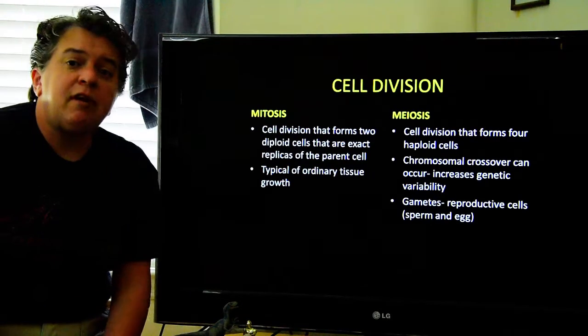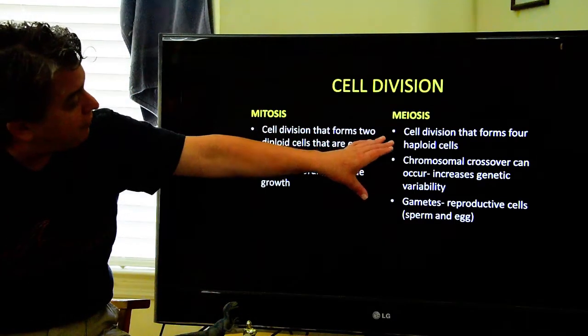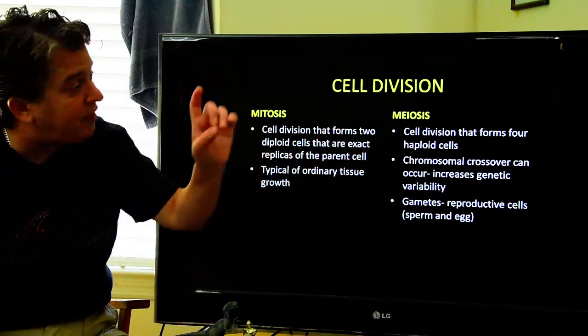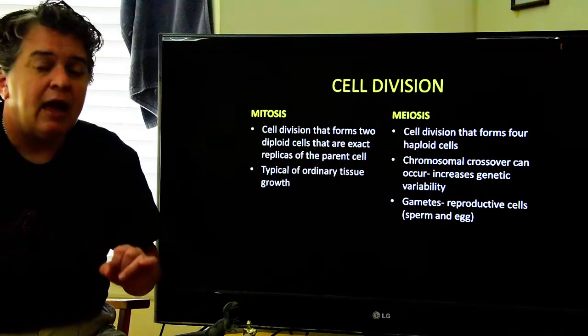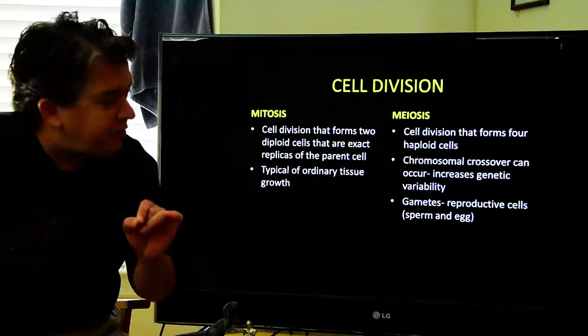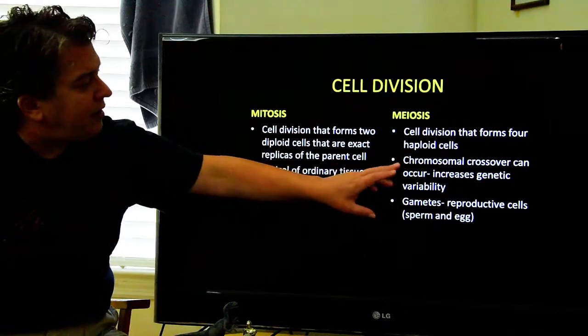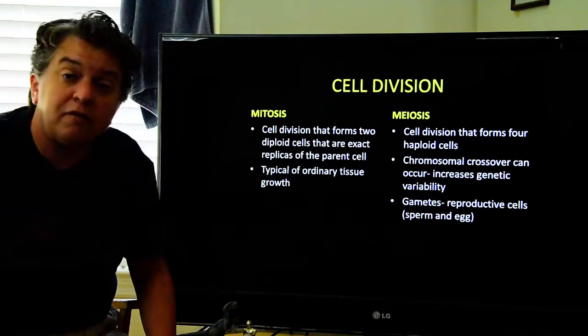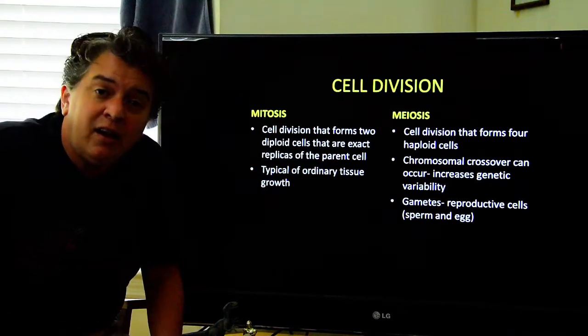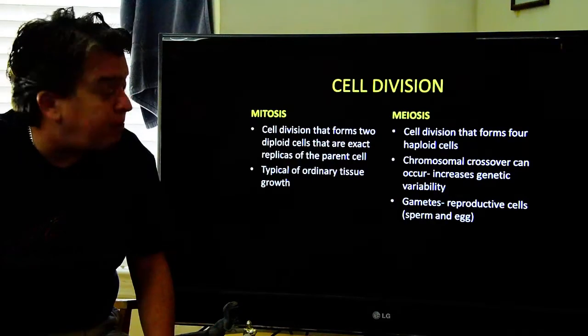Now this is different from meiosis, and this is cell division that forms four haploid cells. And during the process of meiosis, you can have things like chromosomal crossover that occurs. And this is one of the things that can increase genetic variability.